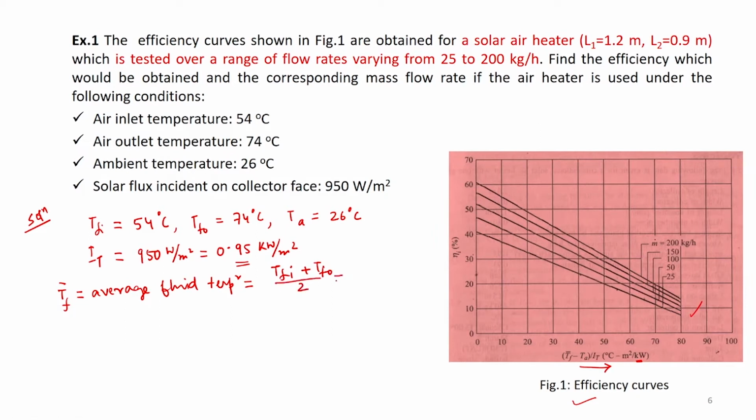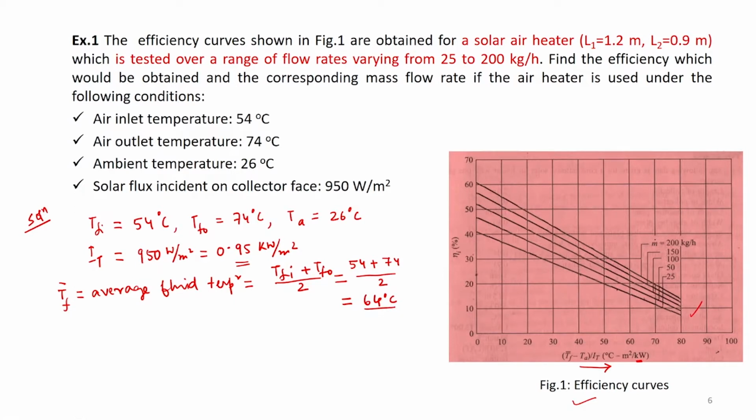If we substitute the value of TFI, which is equal to 54, and TFO, 74, divided by 2, it is equal to 64 degrees Celsius.